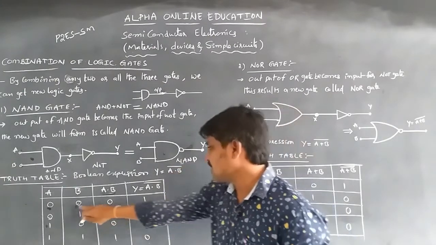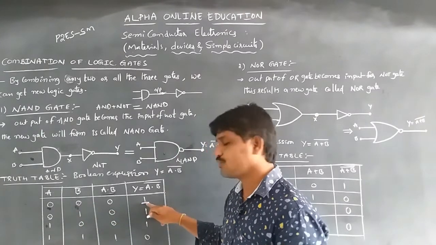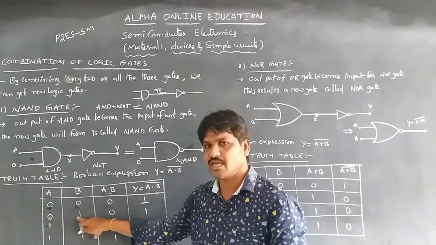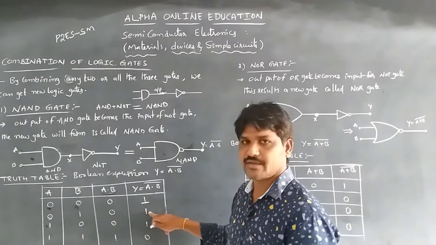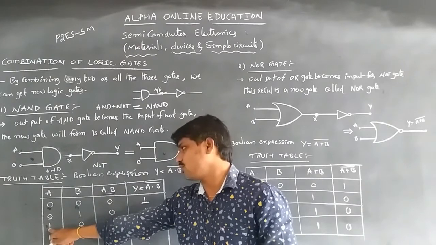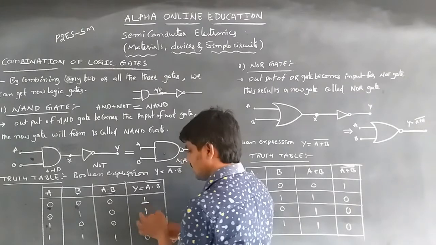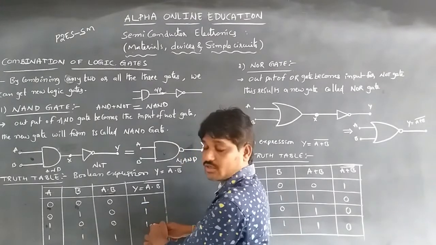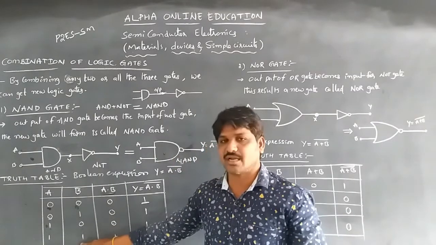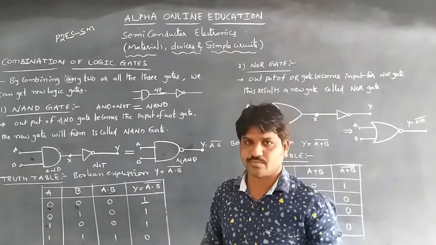If A and B are 0 0, the output is high. If A is low and B is high, the output is high. If A is high and B is low, the output is also high. When both inputs are high in the NAND gate, the output will be low.